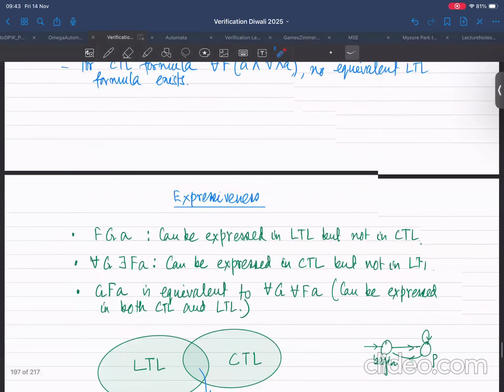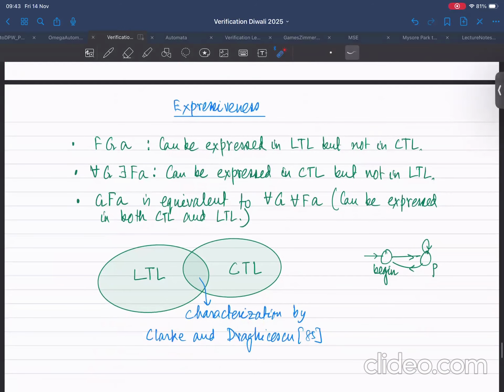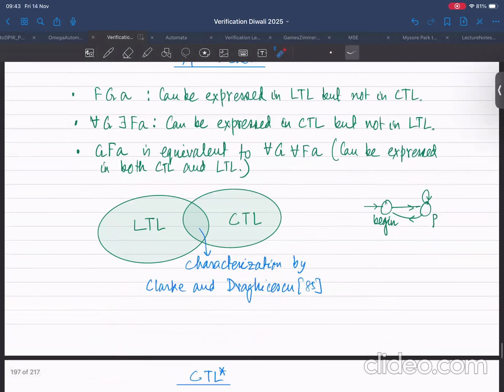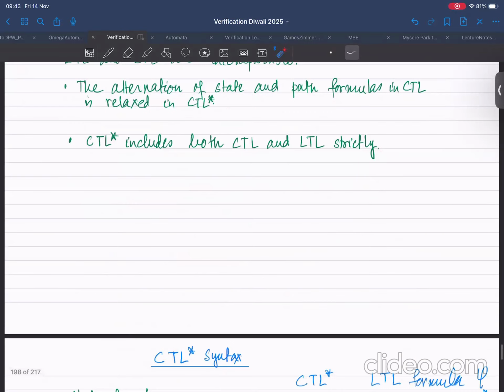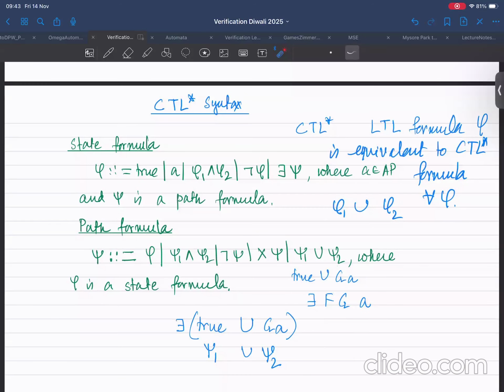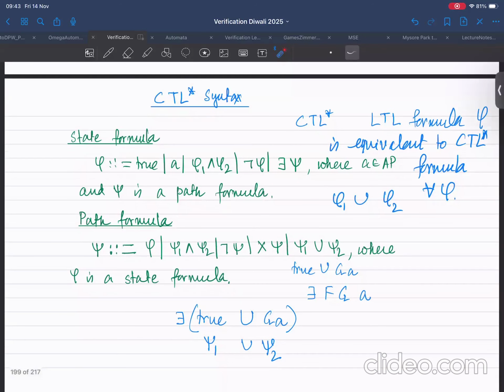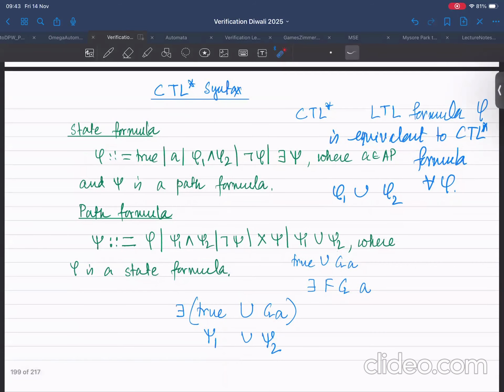Then we also talked about CTL star, and we said that CTL star strictly encompasses both LTL as well as CTL, and the model checking for this is the same as that of LTL model checking. The syntax of CTL star relaxes the alternation requirement that you have in CTL.